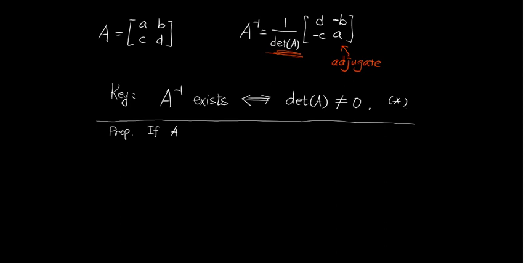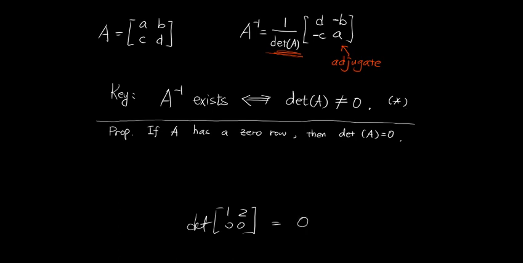If a matrix A has a zero row, which means a row that is all zeros, then the determinant of A is equal to 0. Again, you can come up with some basic idea by yourself: the matrix with rows (1, 2) and (0, 0) has determinant 1·0 - 2·0, which is going to be 0. It's not that important, I will just show you and then erase it.